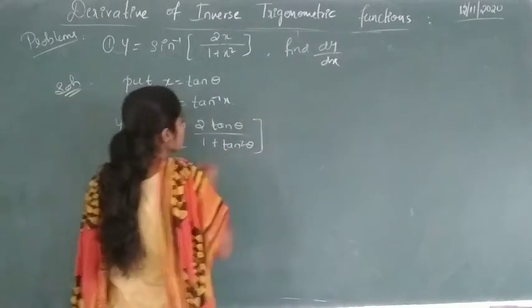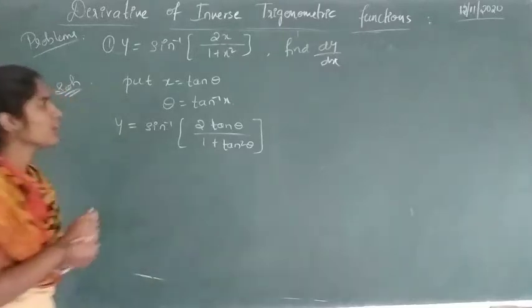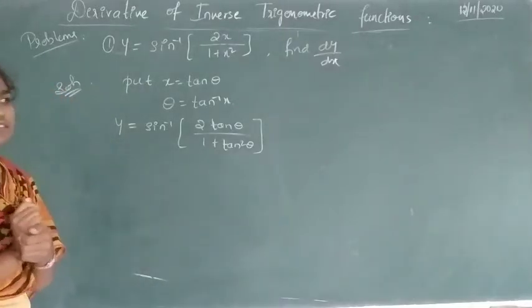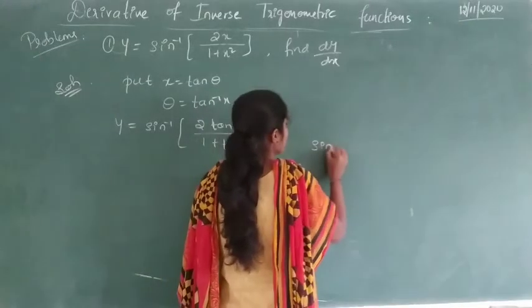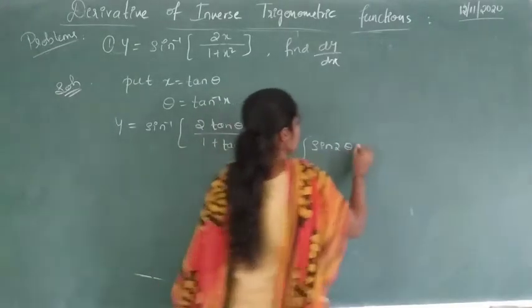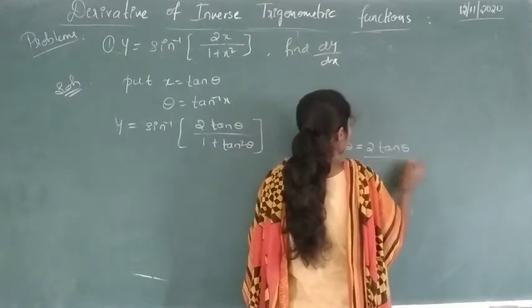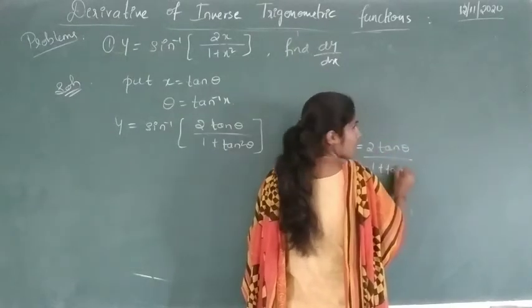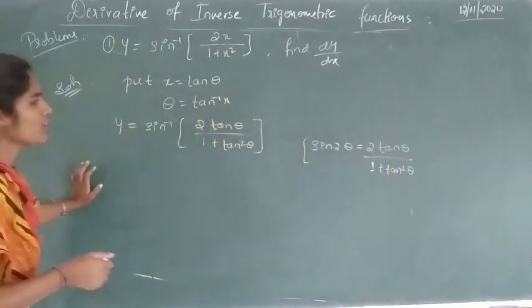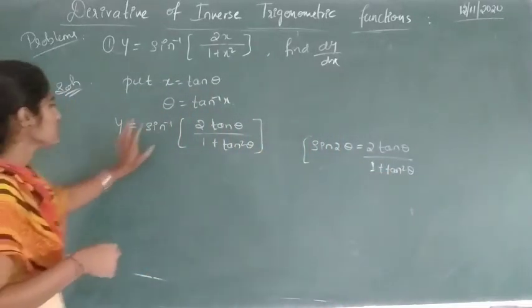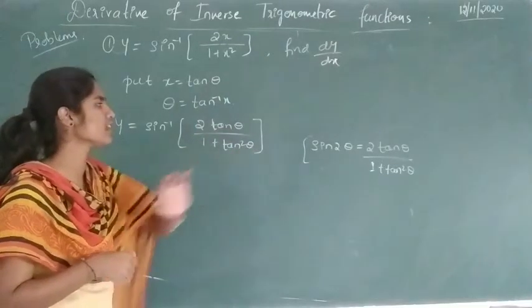Knowing the trigonometric formulas is very important. We have the formula that sin 2 theta is nothing but 2 tan theta divided by 1 plus tan square theta. It's a formula that 2 tan theta divided by 1 plus tan square theta is nothing but sin 2 theta.